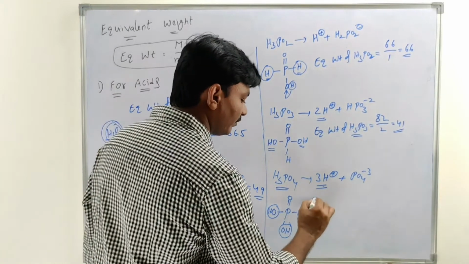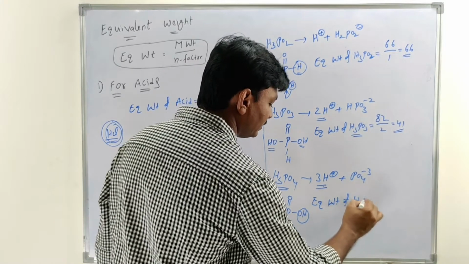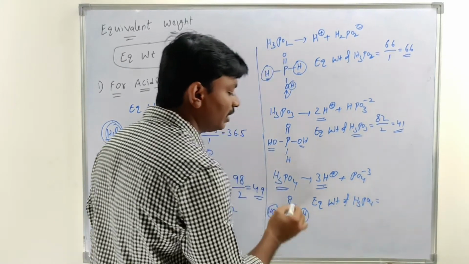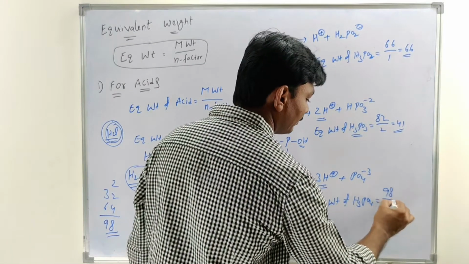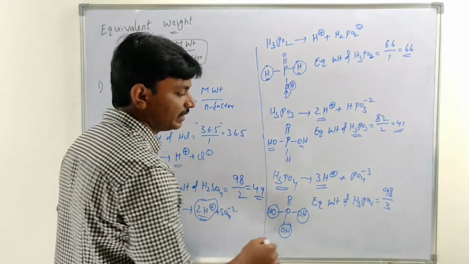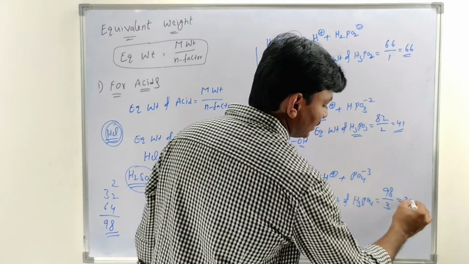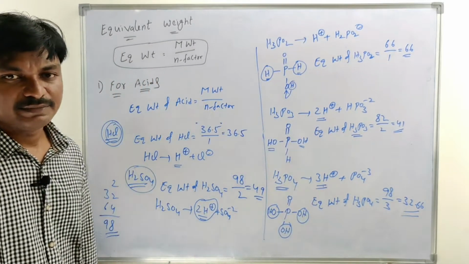Then the equivalent weight of H3PO4 equals the molecular weight of H3PO4, 98, divided by 3, its basicity, that is 32.66, which is the equivalent weight of H3PO4.